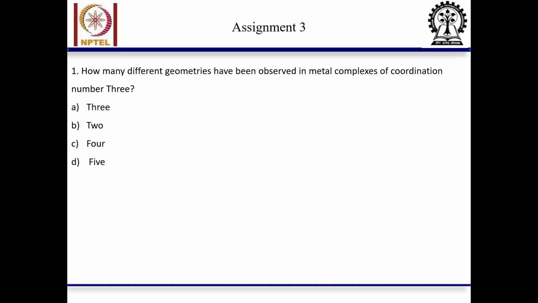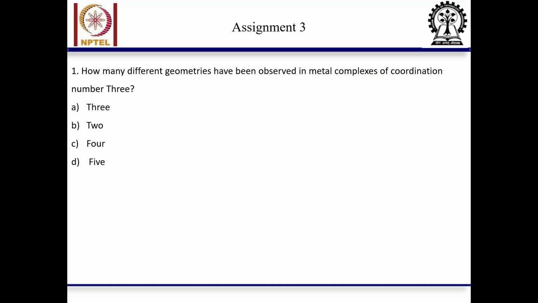So I will go through the problems one by one, and through them I will try to discuss the concepts you have learned from lectures 7 to 10.